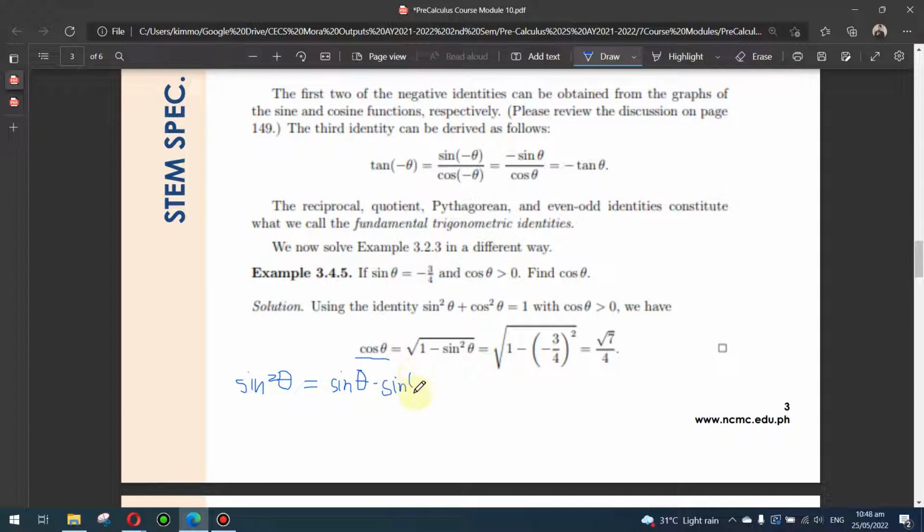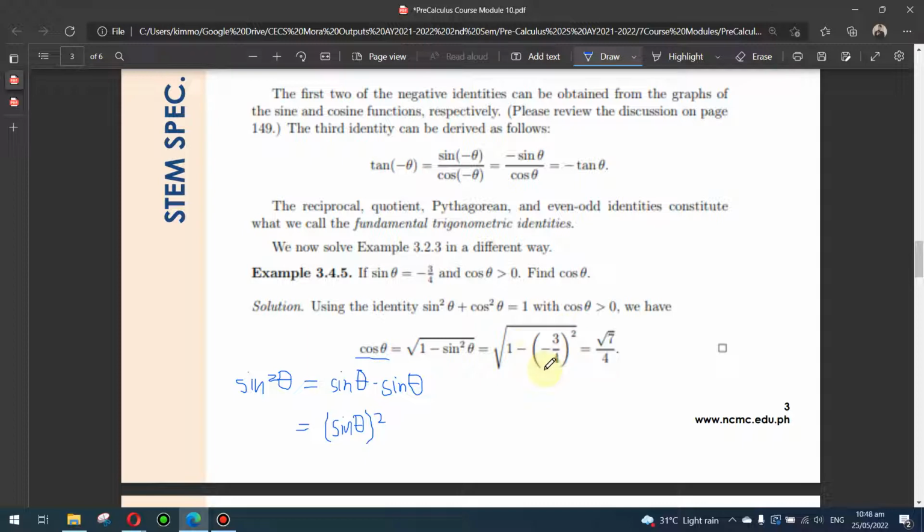No? Kung mayroon kag sine squared theta, this is actually equal to sine theta times sine theta. Or, this can be written as sine theta squared. No? So, mo ni atong gigamit diri, sine theta squared. So, atong sine theta is negative 3 over 4, then we square it.